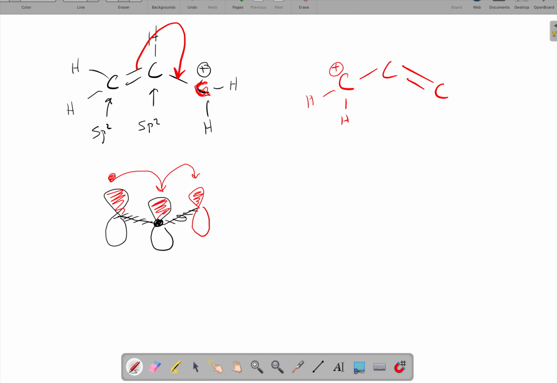What happens if I rotate that bond? What would happen to that p orbital that's now up here? P orbital, p orbital. This is a sigma bond, right? What happens if I rotate that bond? They're perpendicular. Why does that matter?